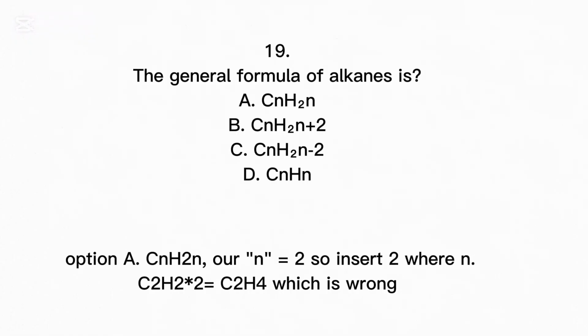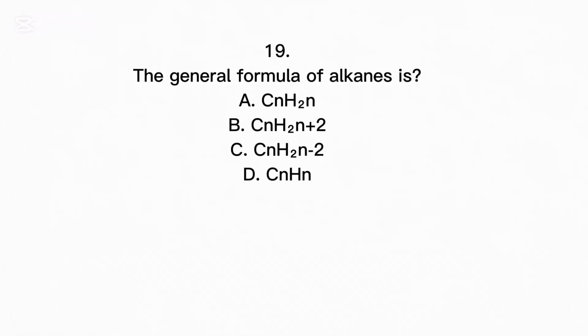From option A, CnH2n, the n is 2, so 2 times 2. We have the molecular formula C2H4, which is wrong because the molecular formula of ethane is C2H6. So let's move to the next option.